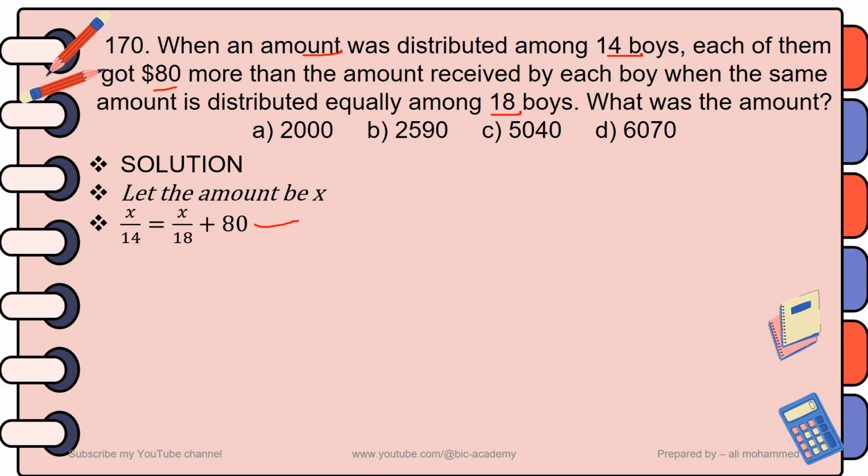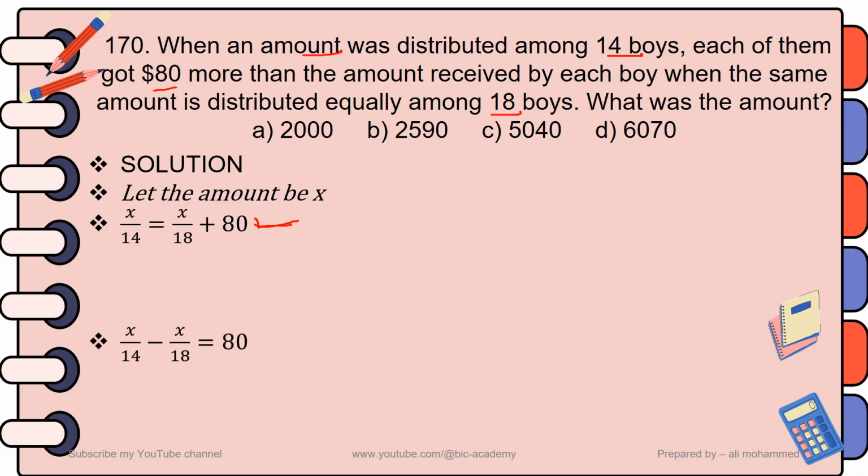It means when the amount is distributed among 14 boys, each of them gets $80 more than the amount received by each boy when the same amount is distributed equally among 18 boys. And this mathematical equation is equivalent to the word problem.